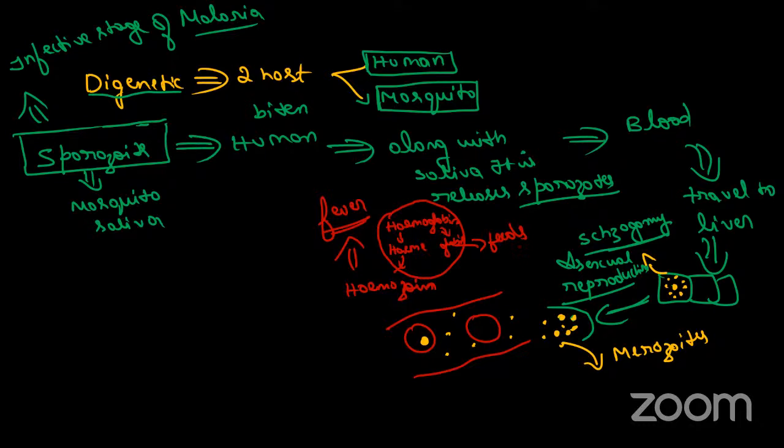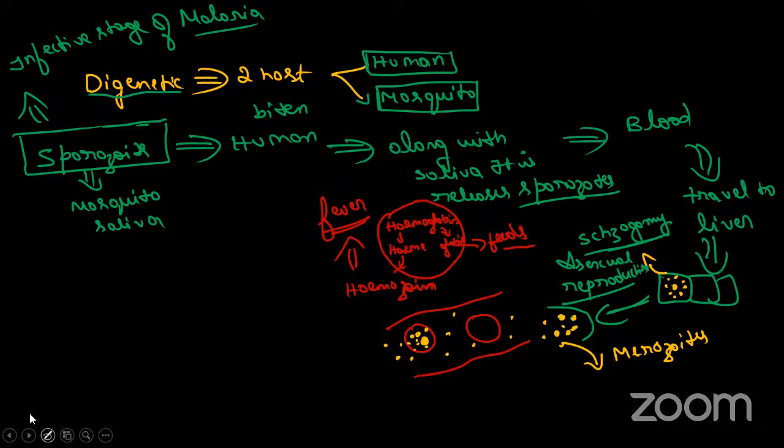So see here, it feeds on the globin now, right? It is in the red blood cell, and in the red blood cell it causes all these things. Now the RBC is going to rupture, and it is going to affect another RBC.